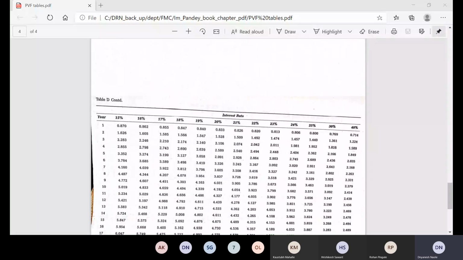Let me check. सॉरी, ये उल्टा हो गया है. ये 25 है divided by this is 30,000. .83.